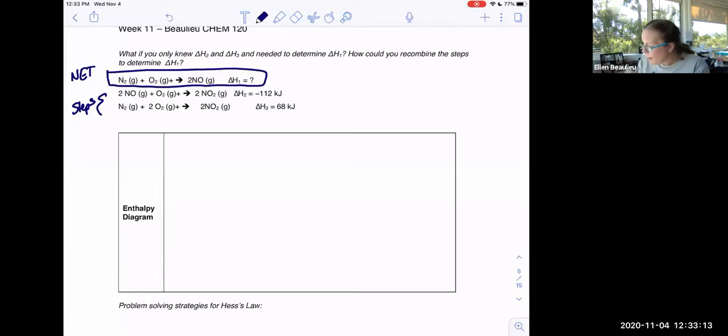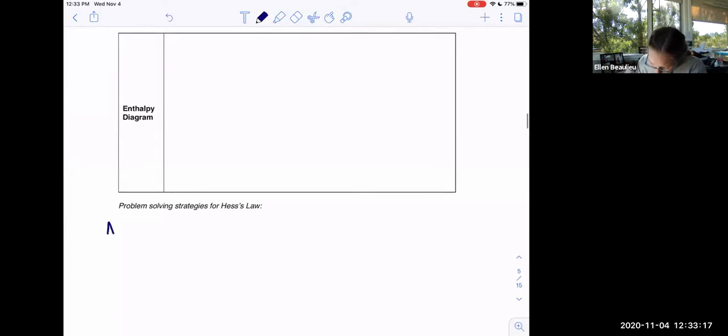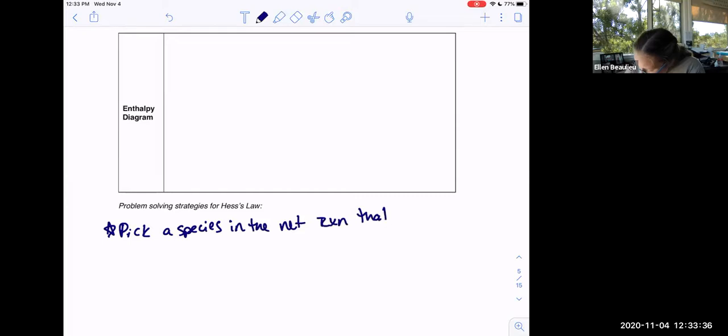So my first problem solving strategy is to pick a species in the net reaction that is only found in one possible step.